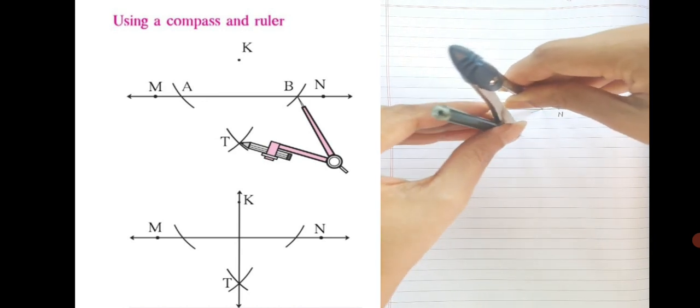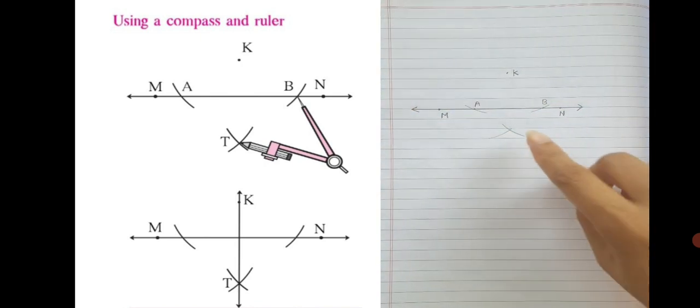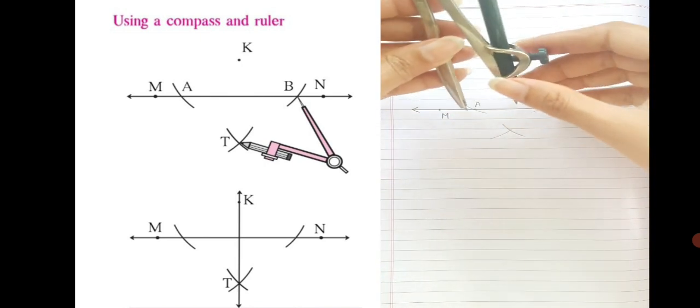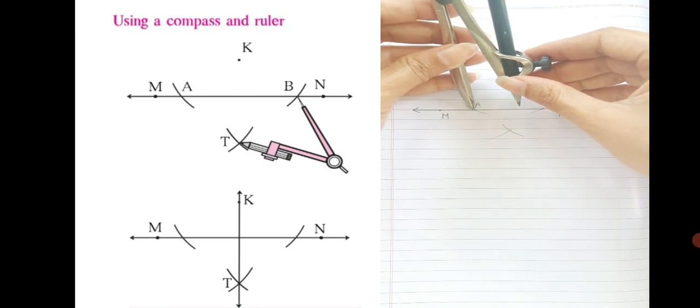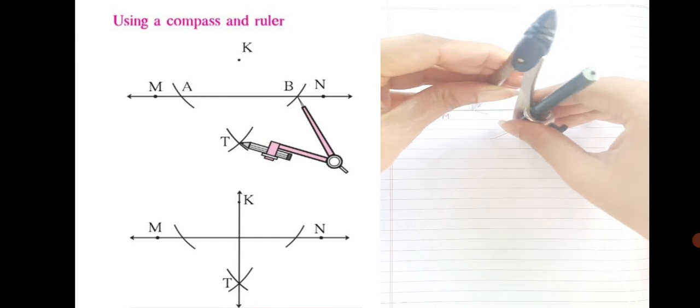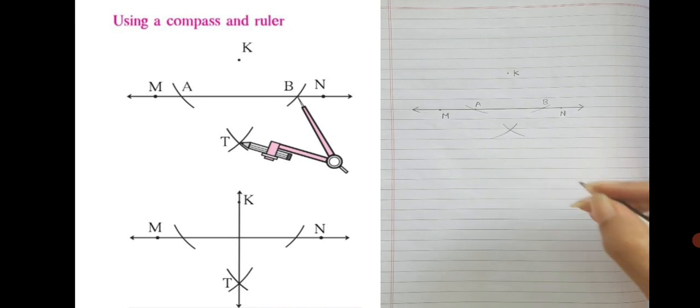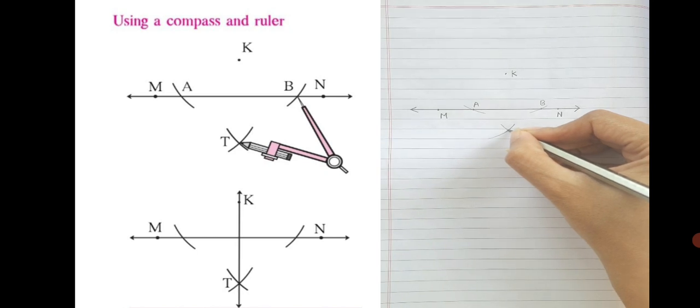So we draw an arc on the lower side of line MN. Then we check if the arcs are intersecting. You can go back to A and extend the arc so that the two arcs intersect each other and we get a point. So that point we have to mark and give it a name, say point T.